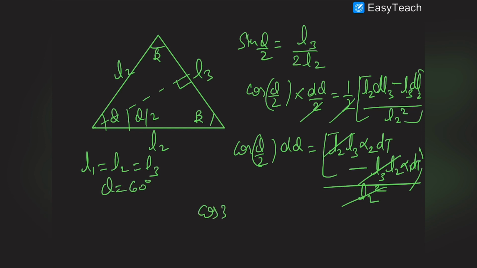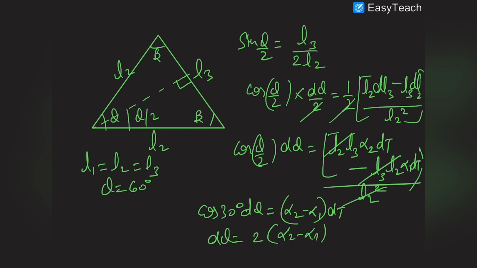So cos 30 d theta is equal to alpha 2 minus alpha 1 dt, and therefore d theta will be equal to 2 times alpha 2 minus alpha 1 dt divided by root 3. This is the required answer of d theta. Now we move on to the next question.